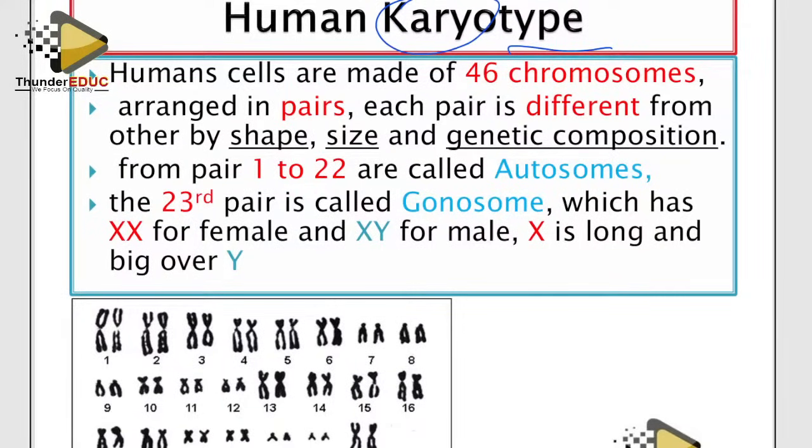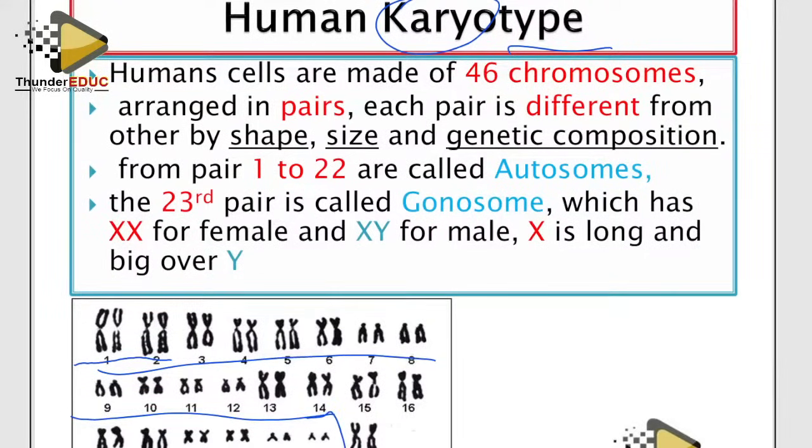This one means that you tell us the arrangement of chromosomes. You are telling us the arrangement of the chromosomes, how many there are in a cell. So you arrange the chromosomes from pair number 1 to pair number 22.